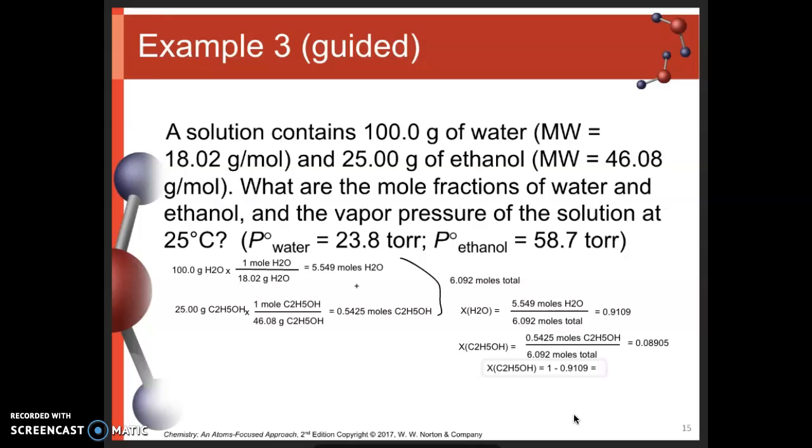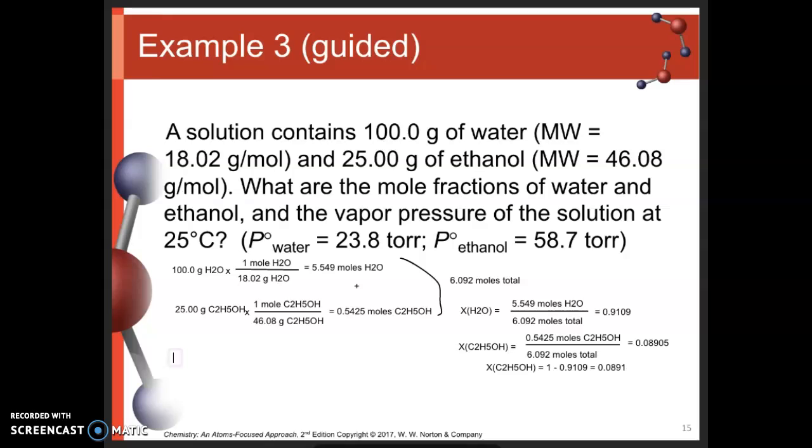Since that's the only other component, we would come up with 0.0891, which for most intents and purposes is pretty much the same answer here. So this is a way to save you a little bit of time. If you have two components or even three components and you've solved for all of them except one, you can use subtraction to figure out the missing component.